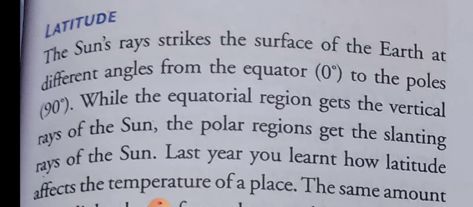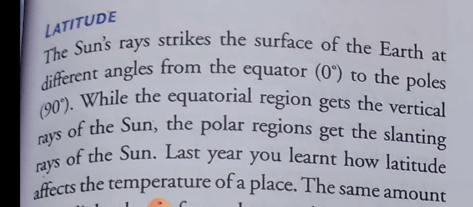Slanting means a little tilted. So the places near the equator receive vertical rays of the sun, and the regions near the poles get the slanting rays of the sun.